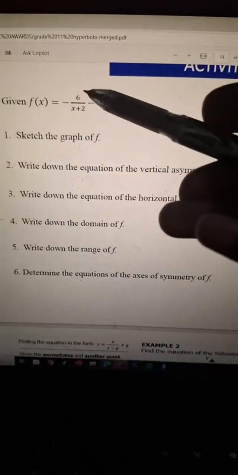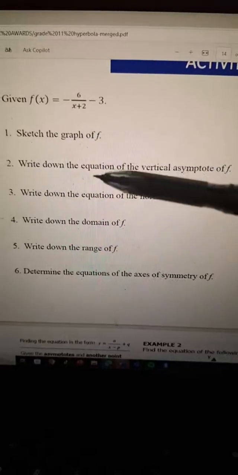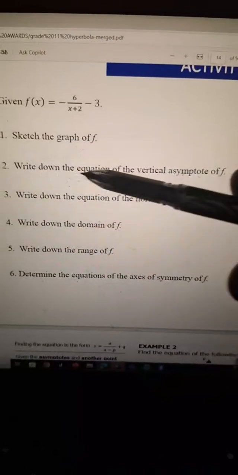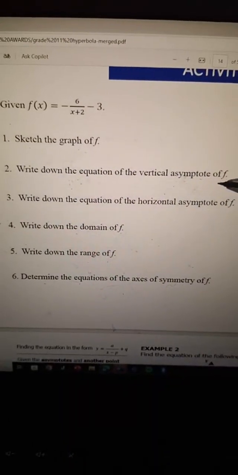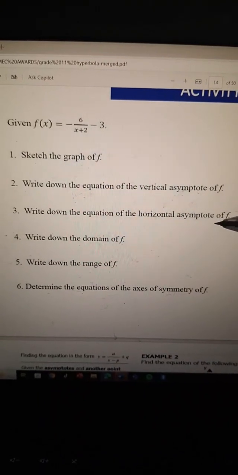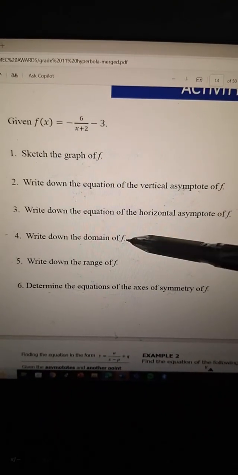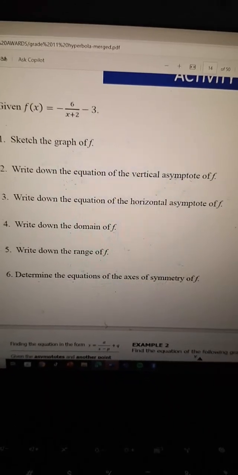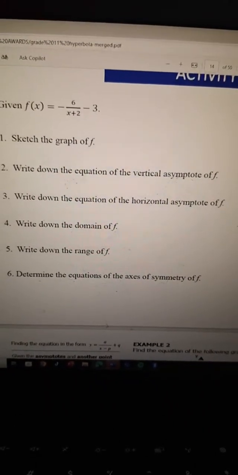F of x equal to negative 6 over x plus 2 minus 3. We want to know how to sketch the graph of f. Write down the equation of the vertical asymptote of f. Write down the equation of the horizontal asymptote of f. Write down the domain of f. Write down the range of f, and then determine the equation of the axis of symmetry of f.